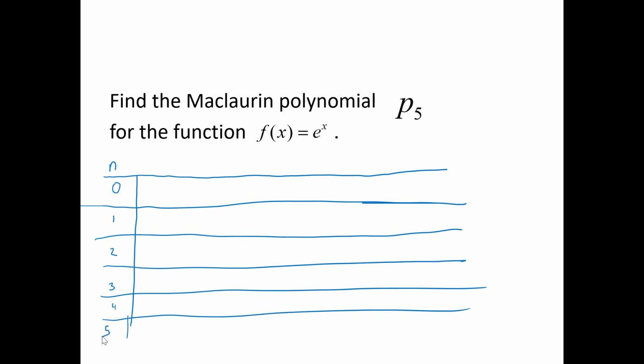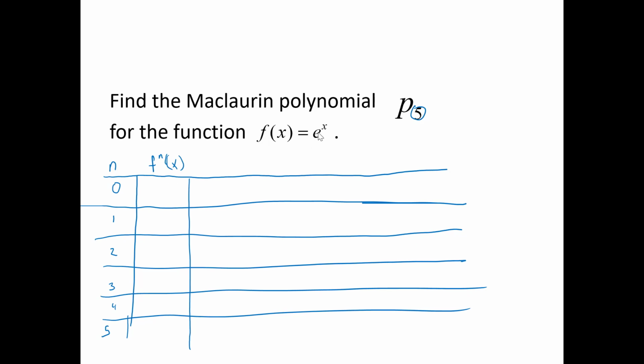And 5, the fifth derivative, because we have P5. So then here we want f^n of x, that's just the nth derivative of the function that I'm working with.